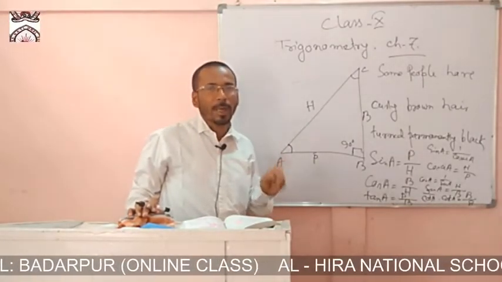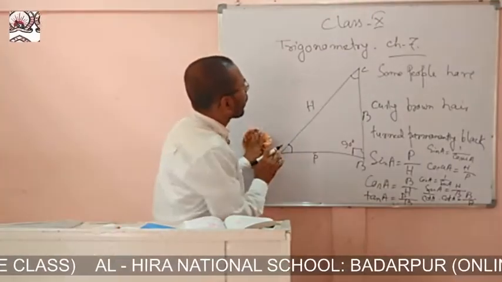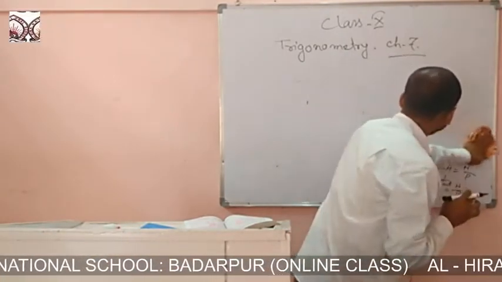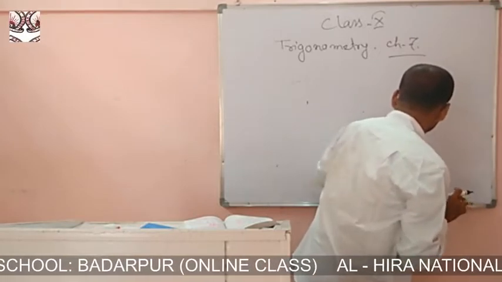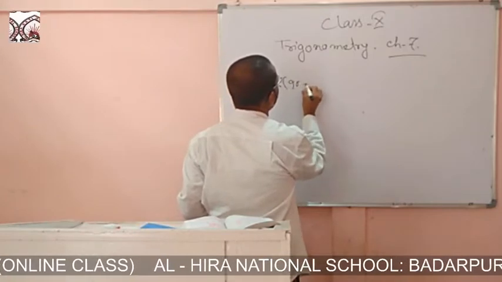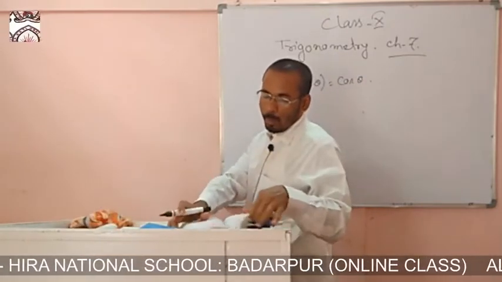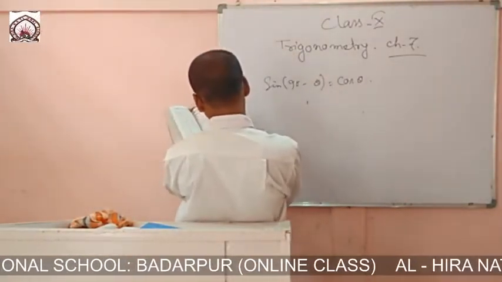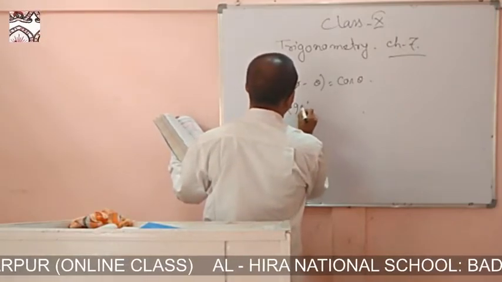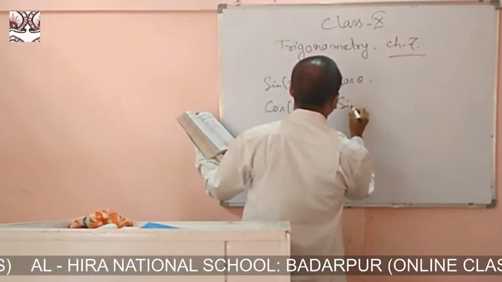For example, sin(90 minus theta) will be cos theta, and cos(90 minus theta) will similarly be sin theta.